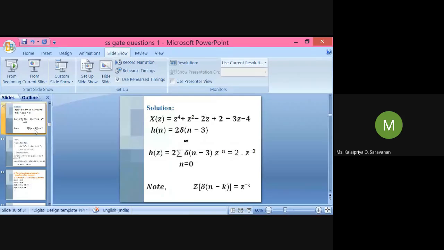Okay. You remember this one? Z transform of del of n minus k is equal to z power minus k. That is del of n minus 3. We should write it as z power minus 3. So z power minus 3 inverse Z transform will be del of n minus 3. So the same concept we have here too.